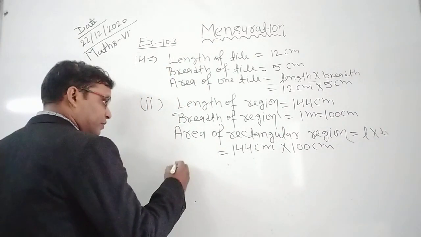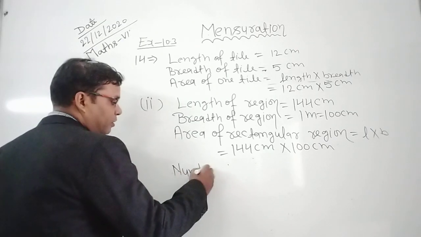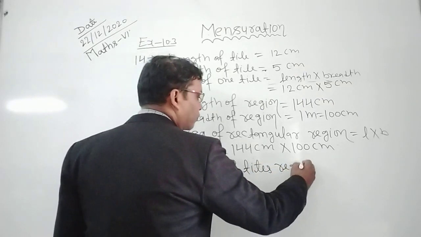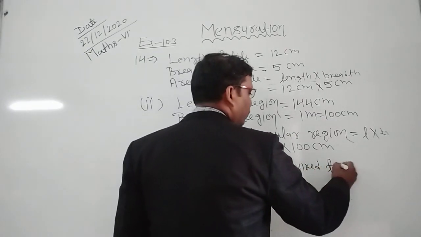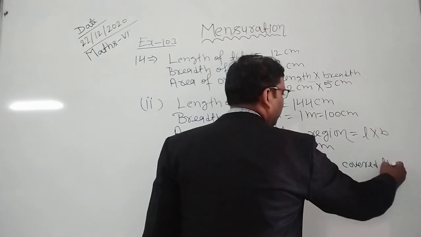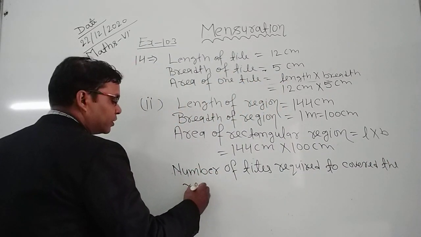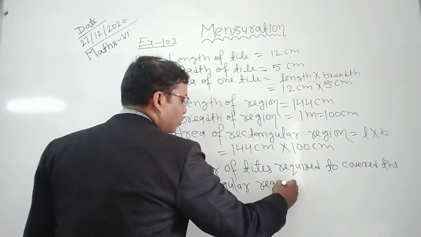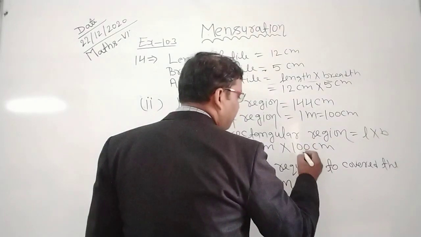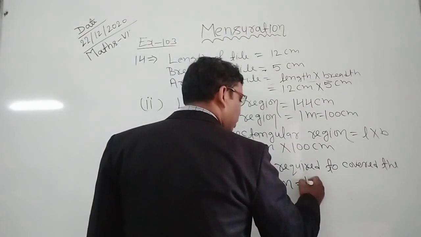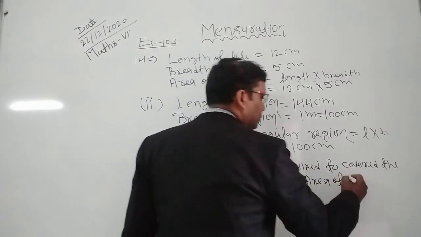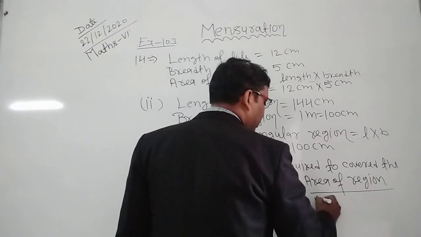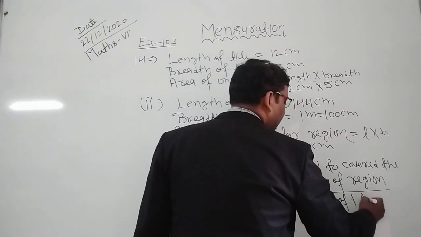Here you write number of tiles required to cover the rectangular region is equal to area of rectangular region by area of one tile.